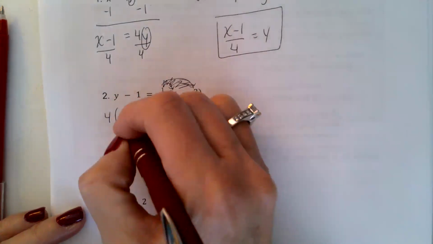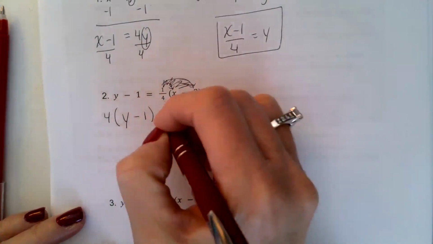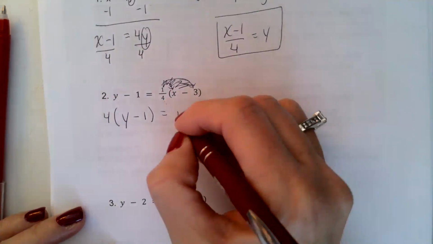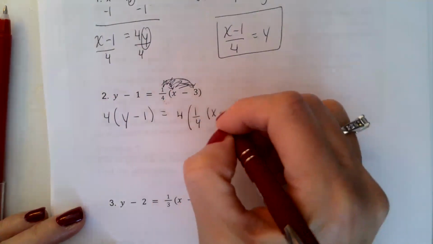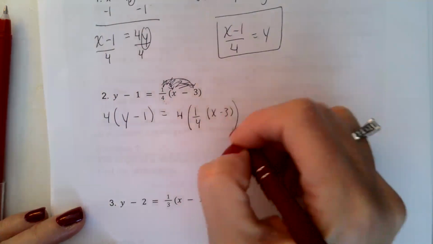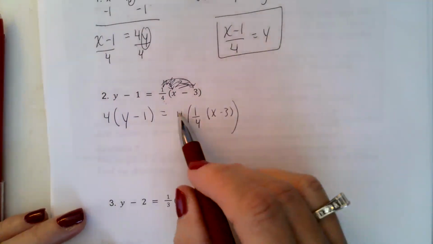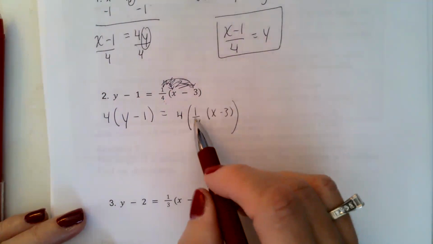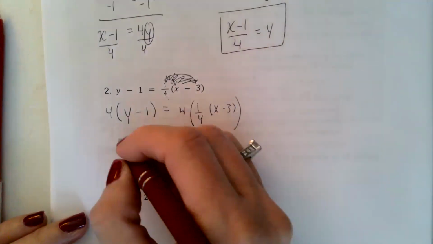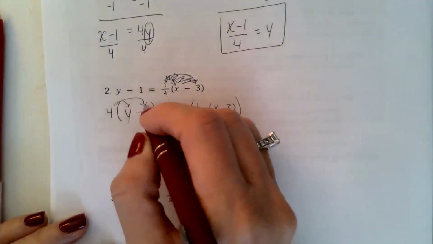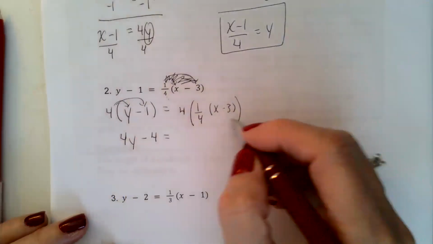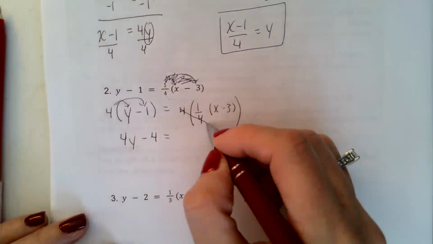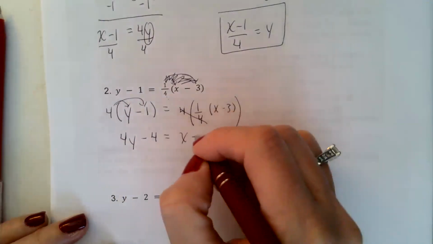So 4 times this entire y minus 1, and then 4 times the fraction of 1/4 times x minus 3. And so we only have to multiply through by this 4 once here. So I'm going to distribute on the left. So we have 4y minus 4. And then this cancels. So we just have x minus 3.